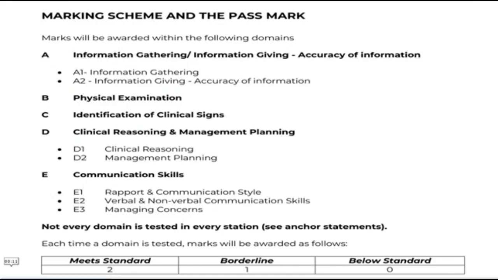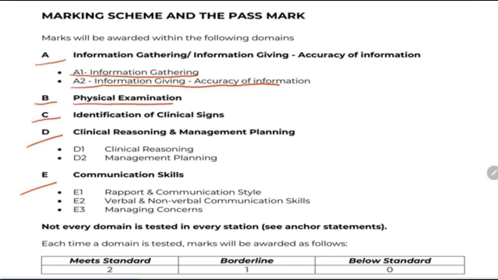So the marks will be awarded within the following domains: domain A, domain B, domain C, domain D and domain E. A1 is about information gathering, A2 is about information giving and accuracy of information, domain B is about physical examination, and C is about identification of the clinical signs.